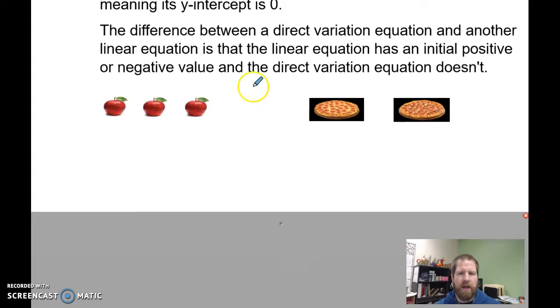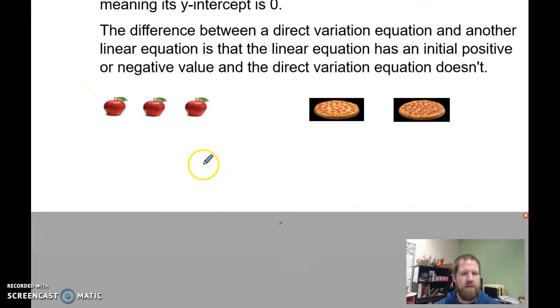The example I'd like to use is buying two different types of items.